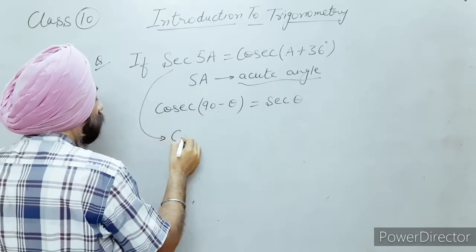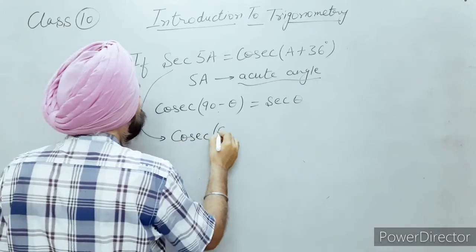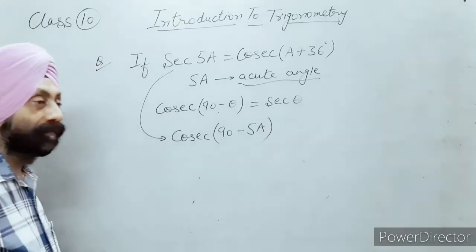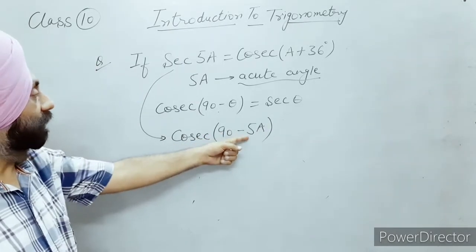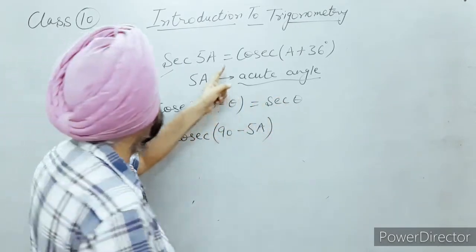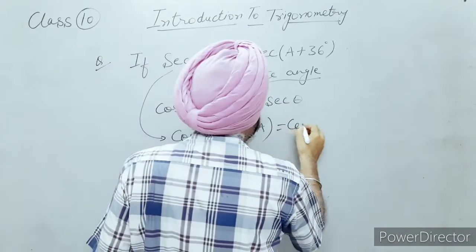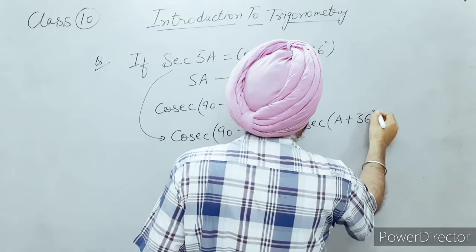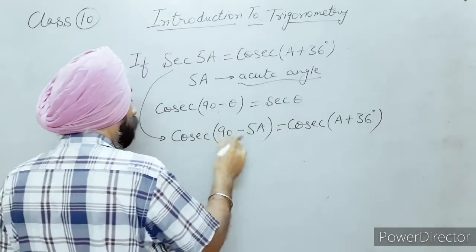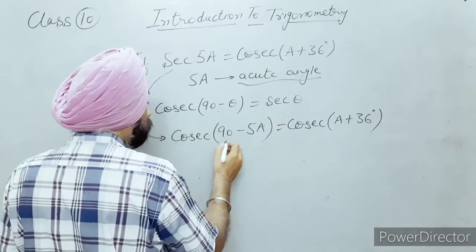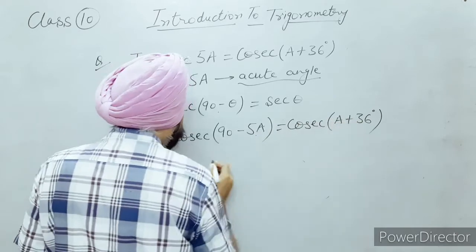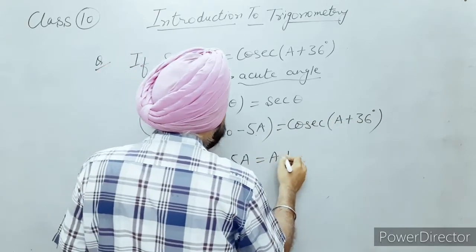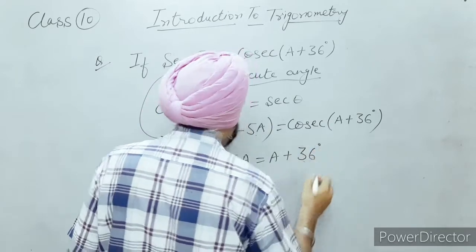I can write this as cosecant of 90 minus 5a equals cosecant of a plus 36 degrees. Now both sides are cosecant, so both the angles will be equal. That is, 90 minus 5a must be equal to a plus 36.